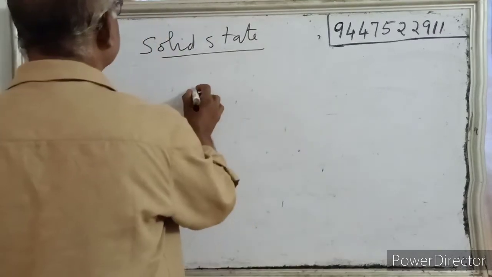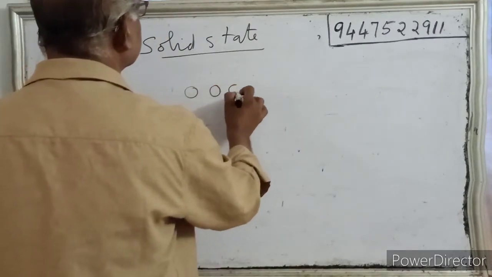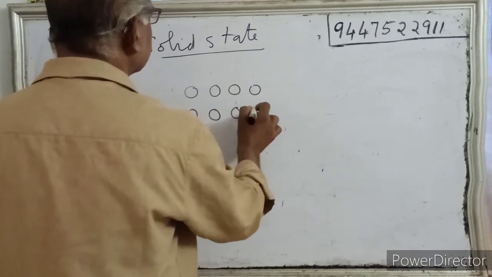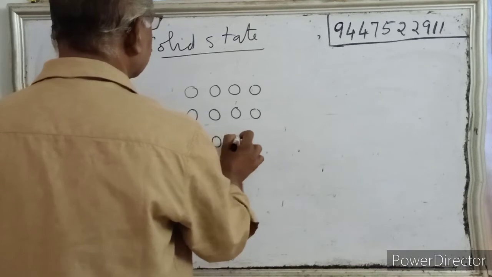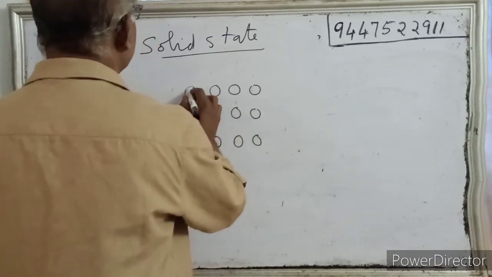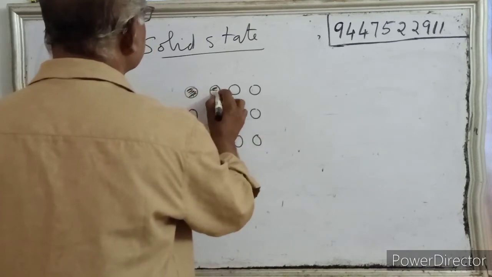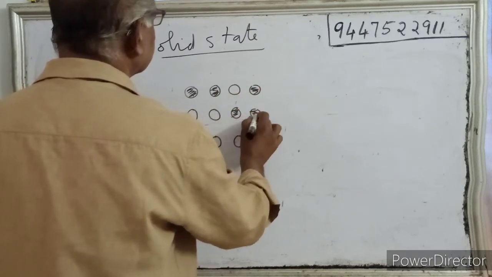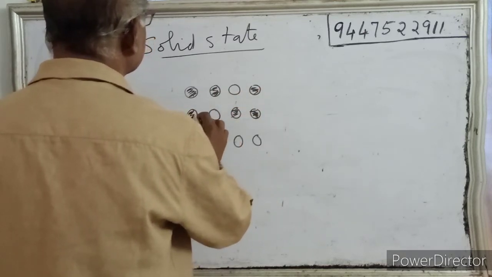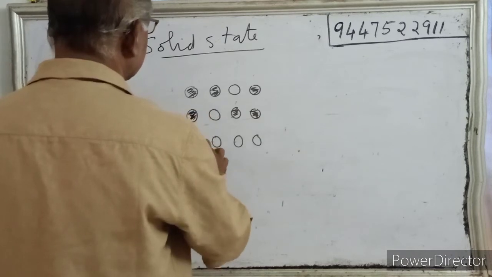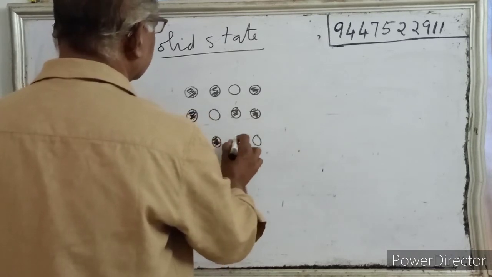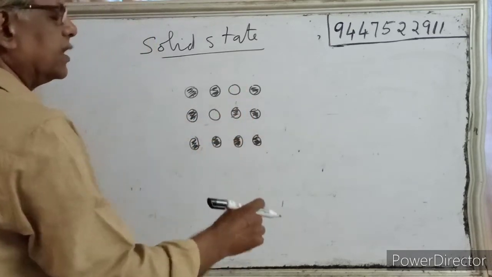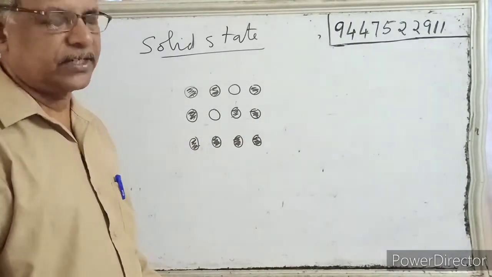You consider, so here these are occupied by atoms. So these are occupied by atoms, but there are two vacant spaces, and that is vacancy defect.